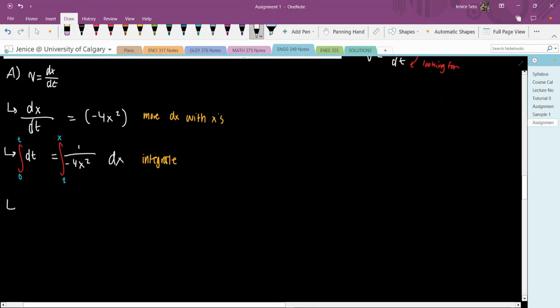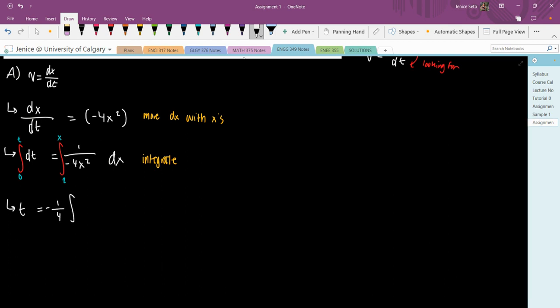Okay, so once we integrate, that is going to give us t is equal to, we're going to kick out this negative 1 over 4. We have the integral of 1 over x squared dx from 2 to x. Sorry, let me put this in here. It's from 0 to t. It's just going to be t.